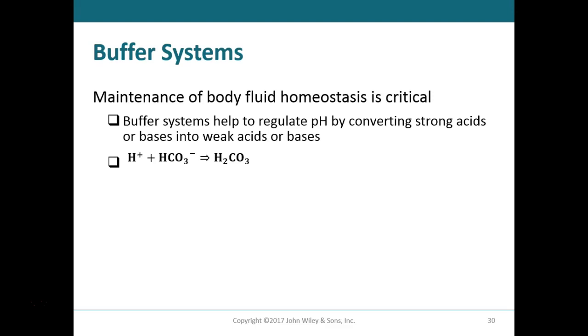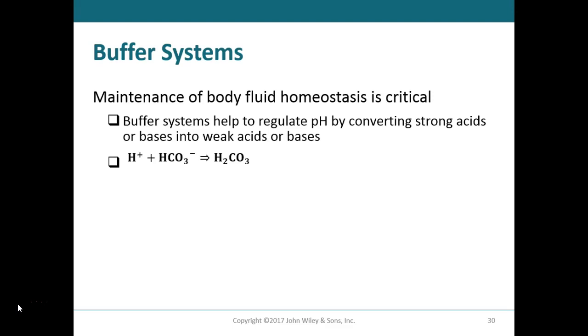Right now, just get the basic idea of what a buffer system is, and that it is a system that helps to regulate pH. Maintaining a stable pH in the human body is vitally important because fluctuations of pH can lead to too much acid, a condition known as acidosis, or too much base, a condition known as alkalosis, being built up in body fluids.